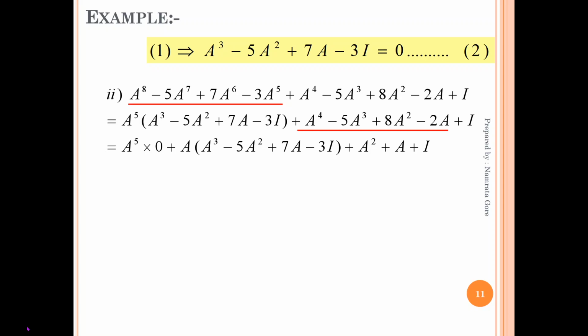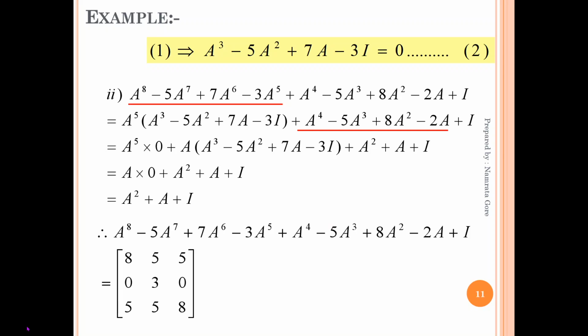Again the term in the bracket becomes 0, and our expression is left as A square plus A plus I. Solving this, again we will get the same polynomial for this expression.